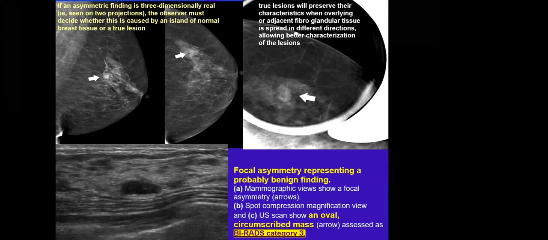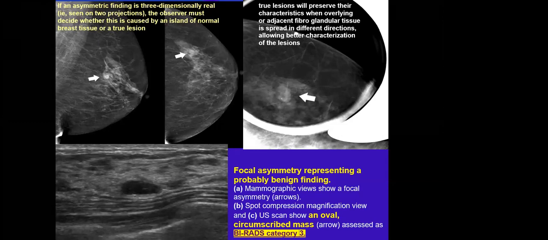You see, if asymmetric findings are seen in two projections, we need to decide: is it caused by an island of normal tissue or a true lesion? In this case, it represents a true lesion. So by adding the compression view, we could give more characterization.